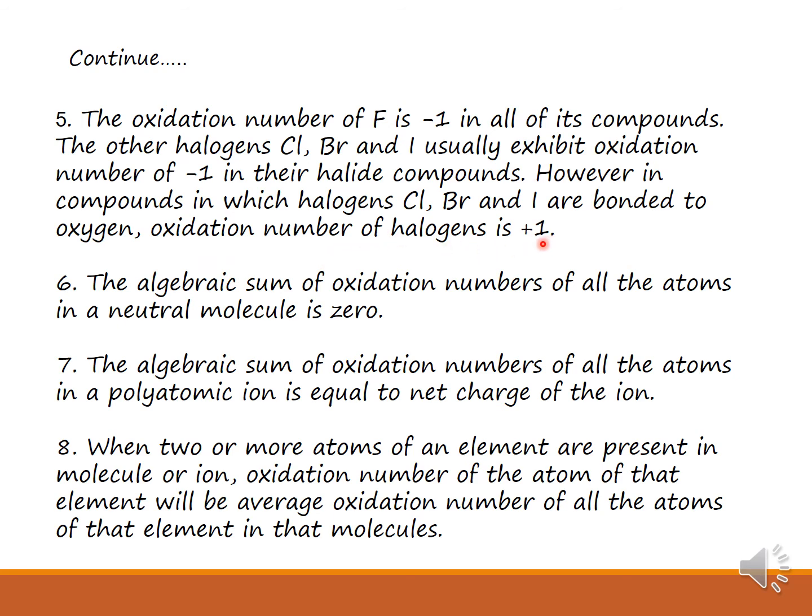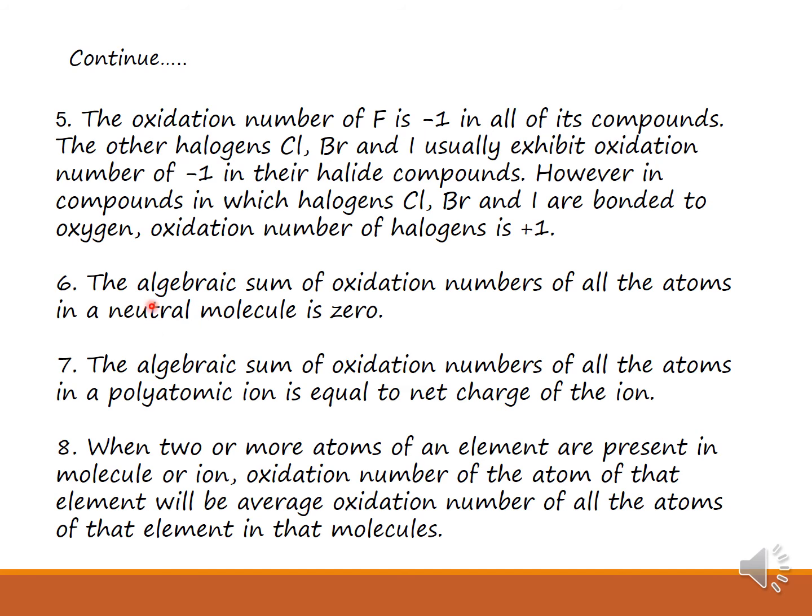The reason is that oxygen is more electronegative than halogens like chlorine, bromine and iodine. That is why oxygen shows oxidation number -2 there, and chlorine, bromine, iodine present in the compound containing oxygen atom will show oxidation number +1.